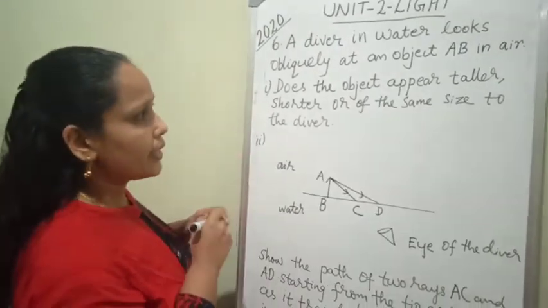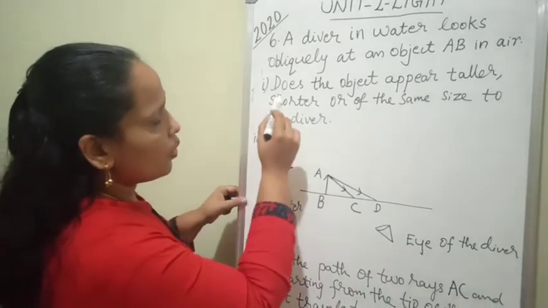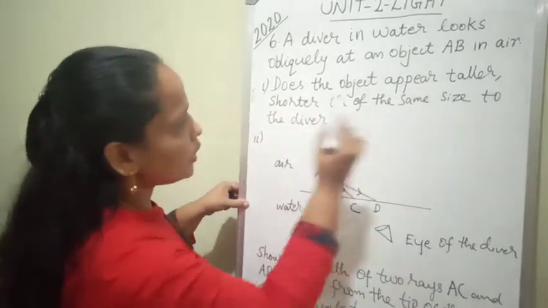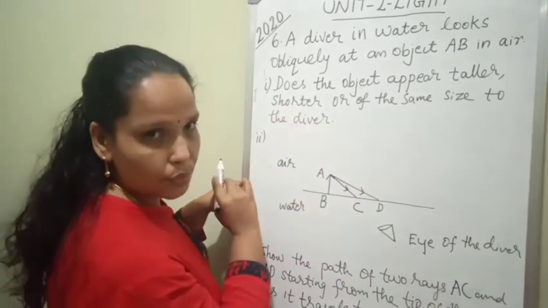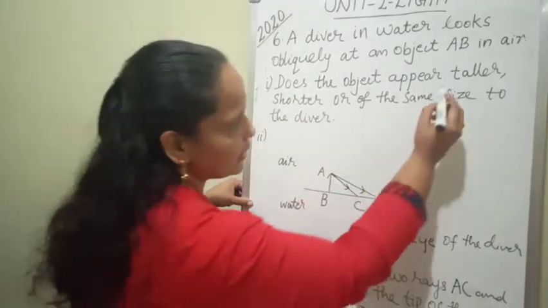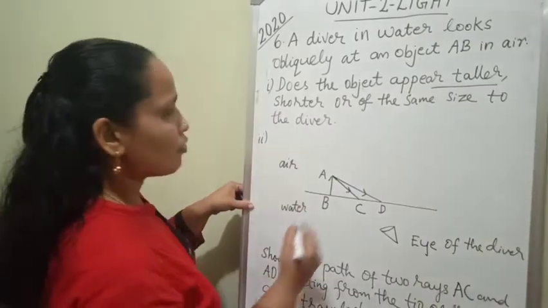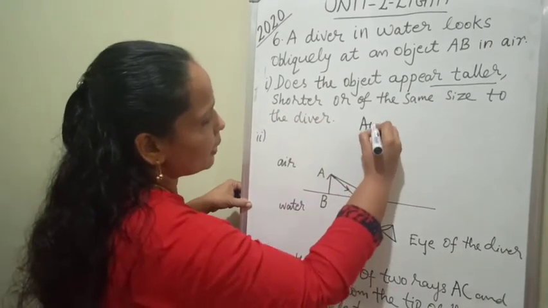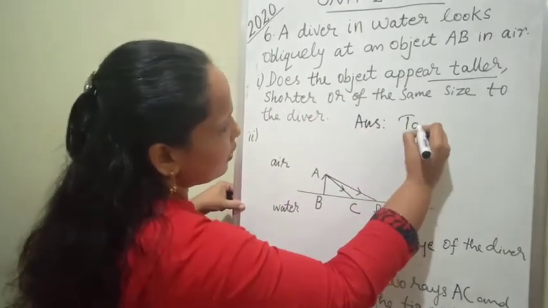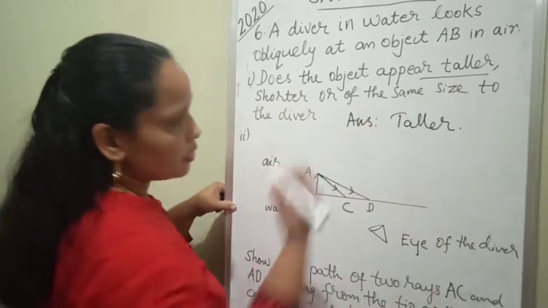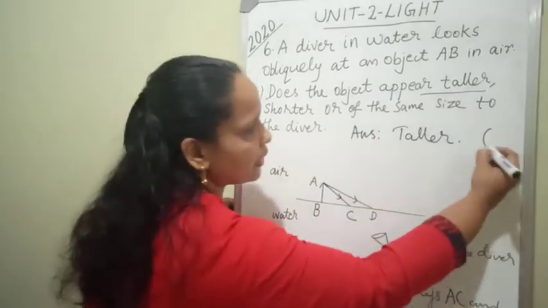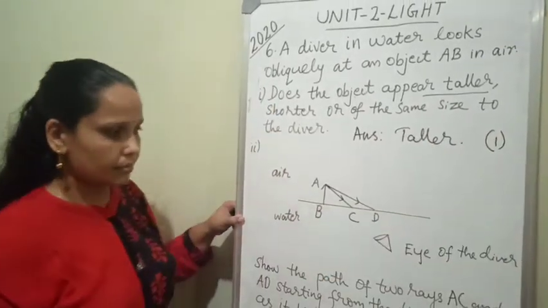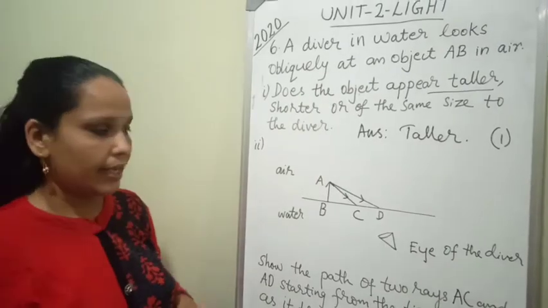So easily we can tell it is taller. So our first answer is going to be taller. For this we will get 1 mark.